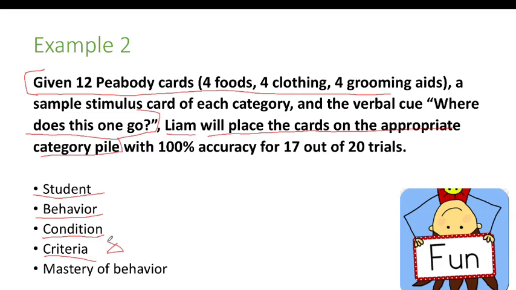By having the criteria, you can determine if your student has mastered the behavior or not. So it's really important, right? 100% accuracy, that's the number. Mastery of behavior is to indicate the sustainability of the acquired behavior, and 17 out of 20 trials. That's the mastery of behavior in this objective.